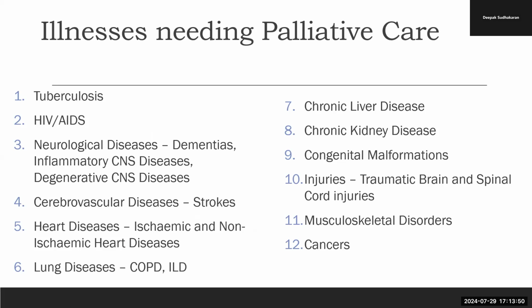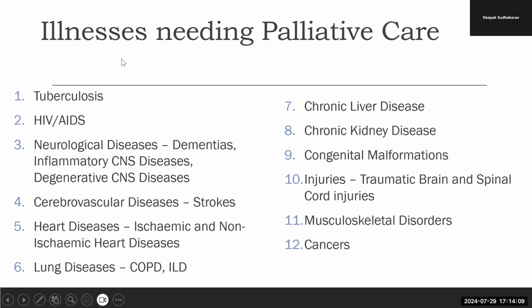Now, mind you, these are all non-cancer illnesses. And there is a specialist for each of these diseases. And sometimes even within them, there are super specializations, people who specialize only in certain diseases.